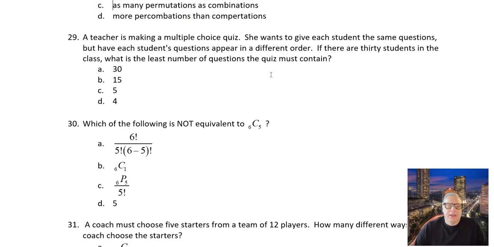Okay. The teacher's making a multiple choice quiz. She wants to give each student the same questions, but have each student's questions appear in a different order. If there are 30 students in the class, what is the least number of questions the quiz must contain?